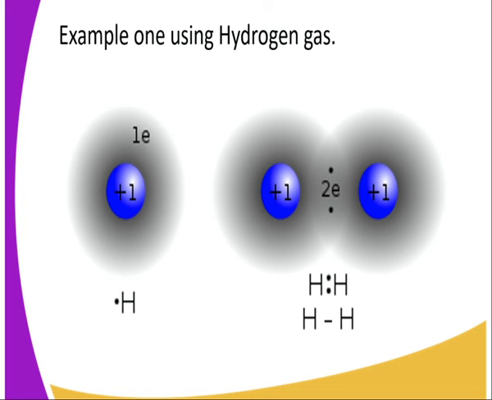Using a diagram, we can as well look at hydrogen. Hydrogen exists as a diatomic gas when the atoms join together. One single hydrogen atom has 1 electron in the outermost energy level.